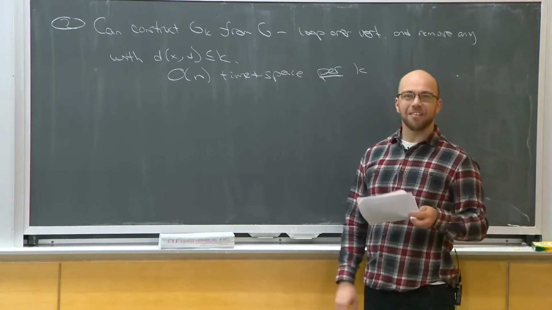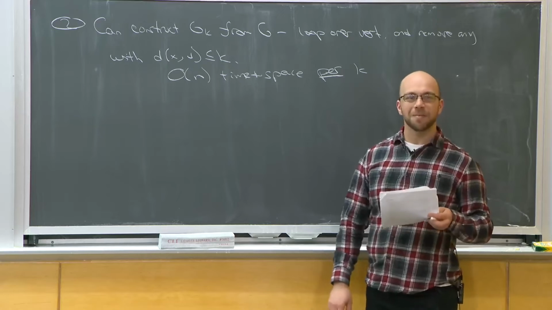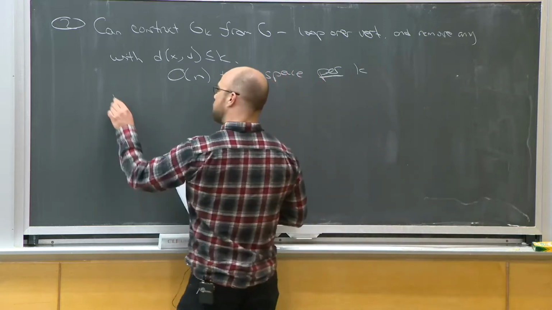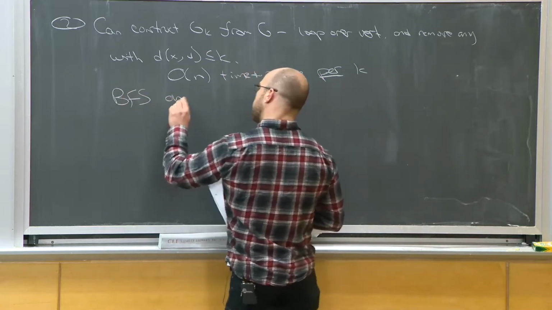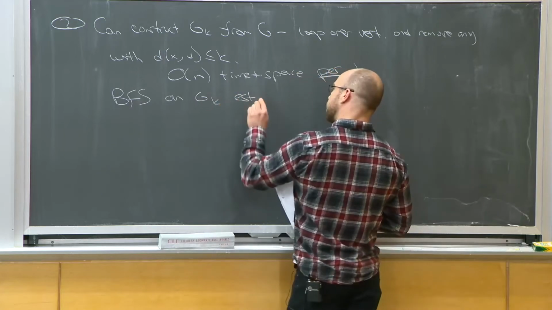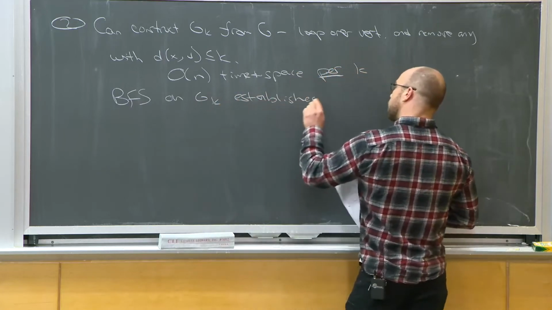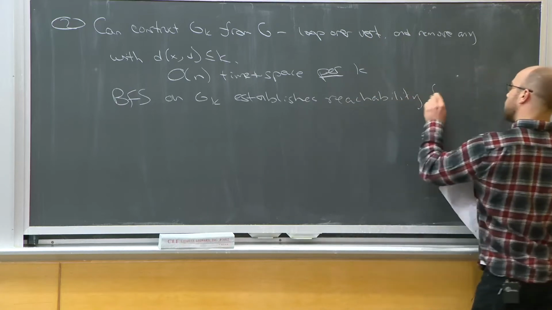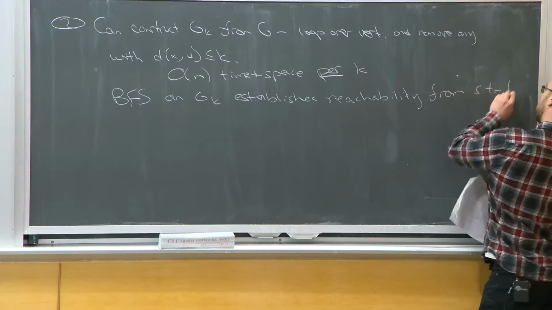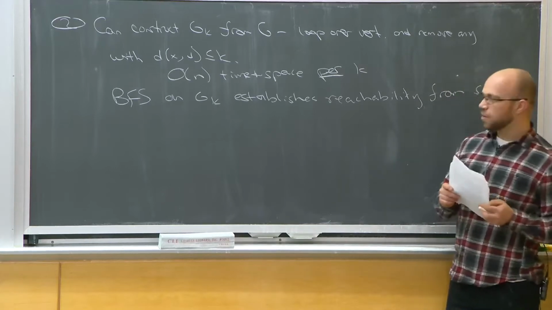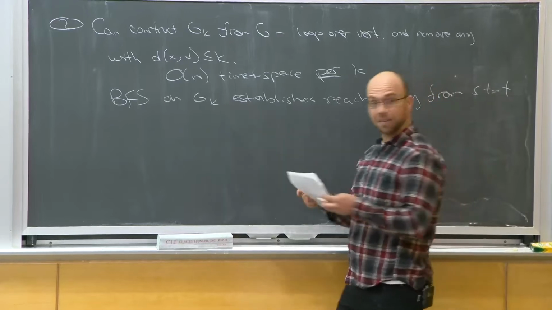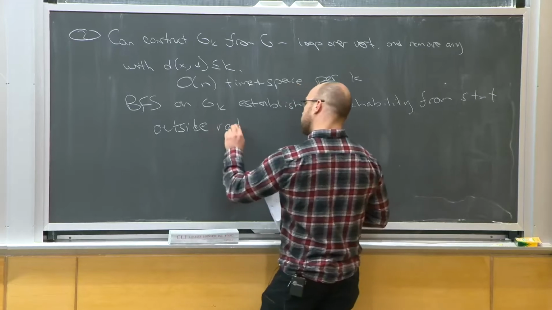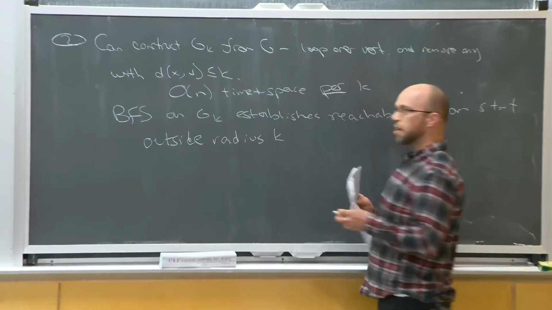But this is already getting us pretty close to our problem, because what can we do? If I have GK, I can say that BFS on GK establishes reachability from S to T, which is what we care about, outside of radius K. And how much time does BFS take?